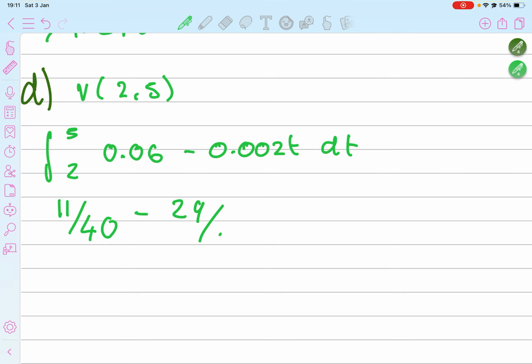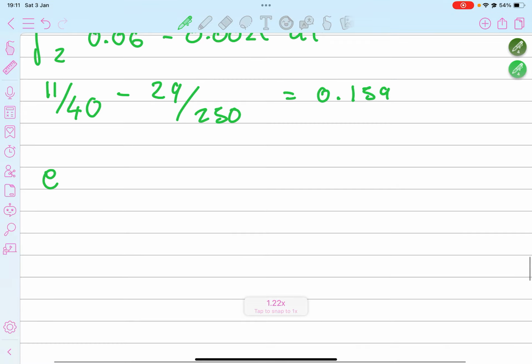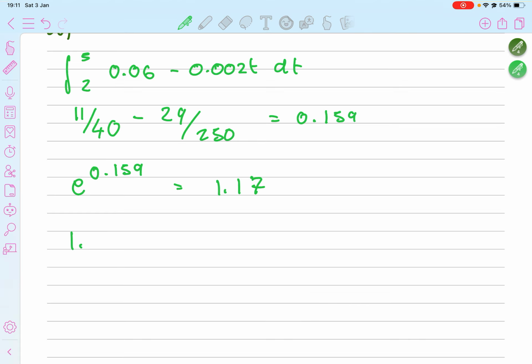Right, we're going to 29 over 250. So 0.159. e to the 0.159 is 1.17. So now we have 1.17.